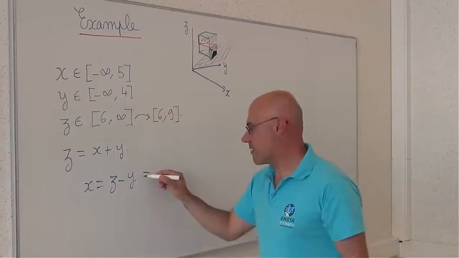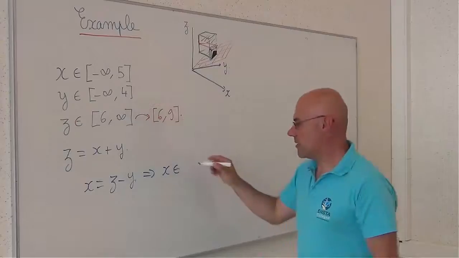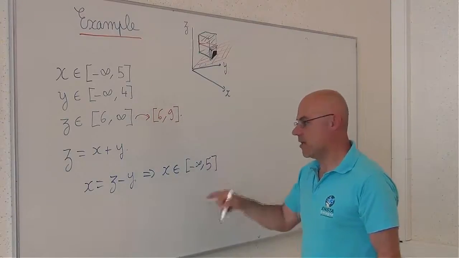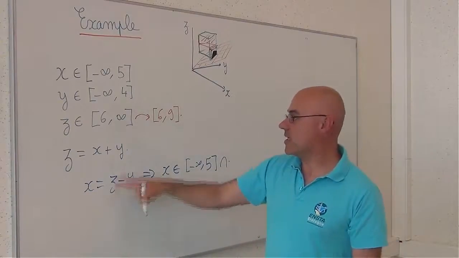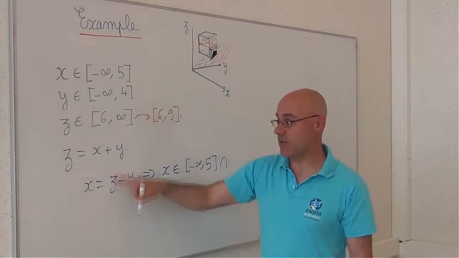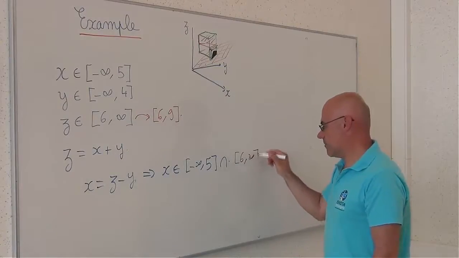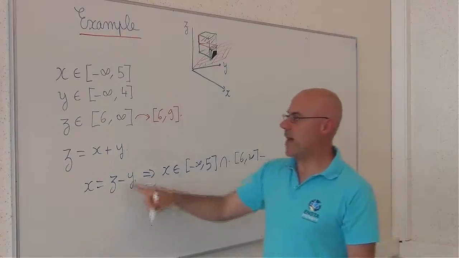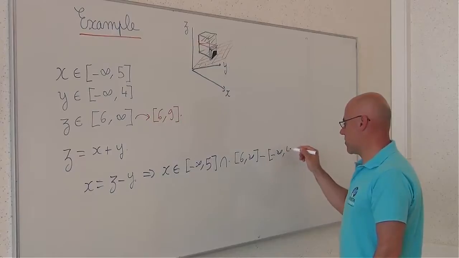It means that x belongs first to the previous domain, minus infinity 5, but also to the domain for z. So I can take this one or this one, I will obtain the same result. Let me take this one, 6 infinity, minus the domain for y, minus infinity 4.